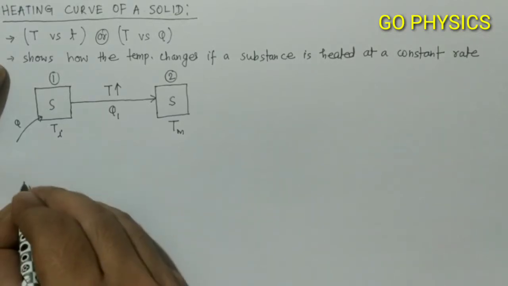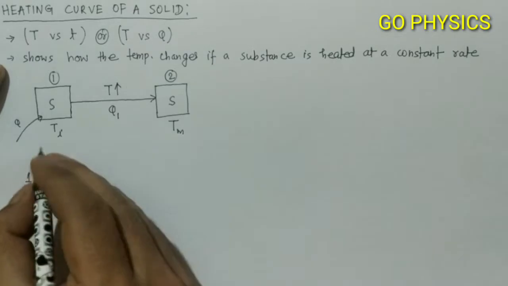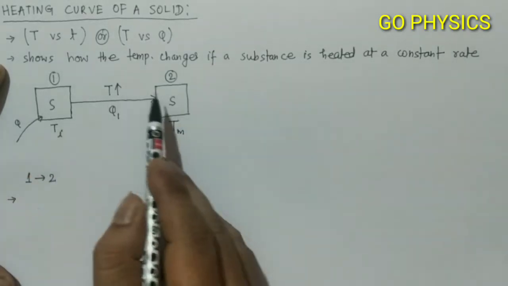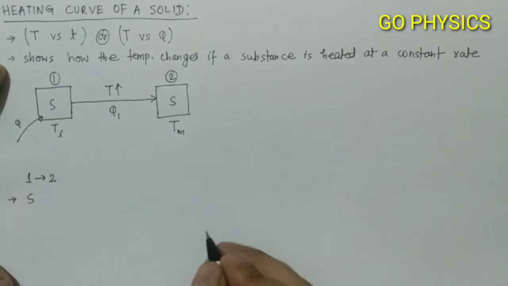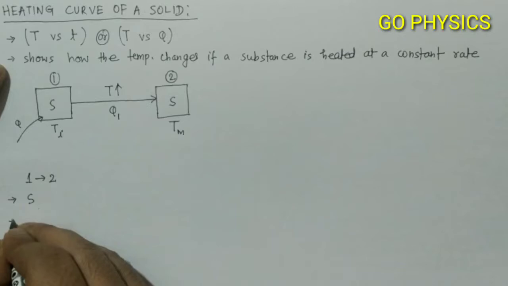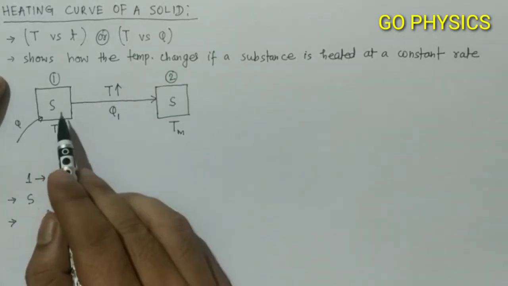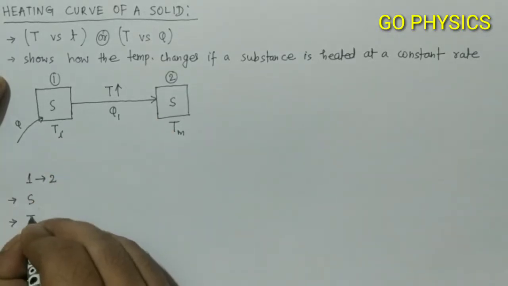So during the process 1 to 2, the phase of the system throughout the process is solid. Second important parameter, the temperature of the solid body is continuously increasing during the process 1 to 2.